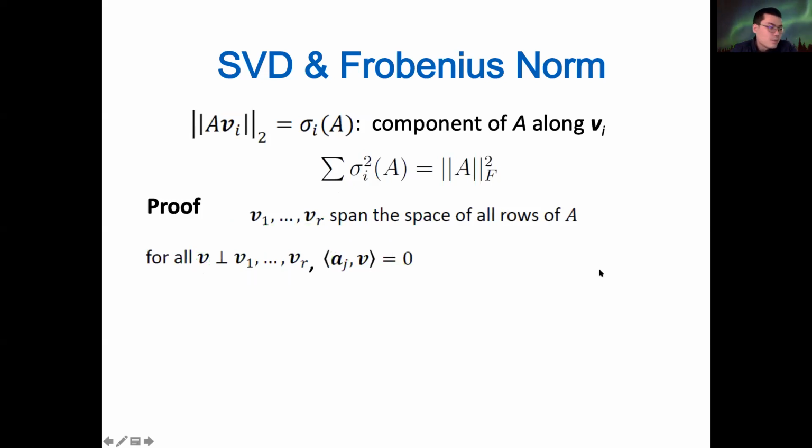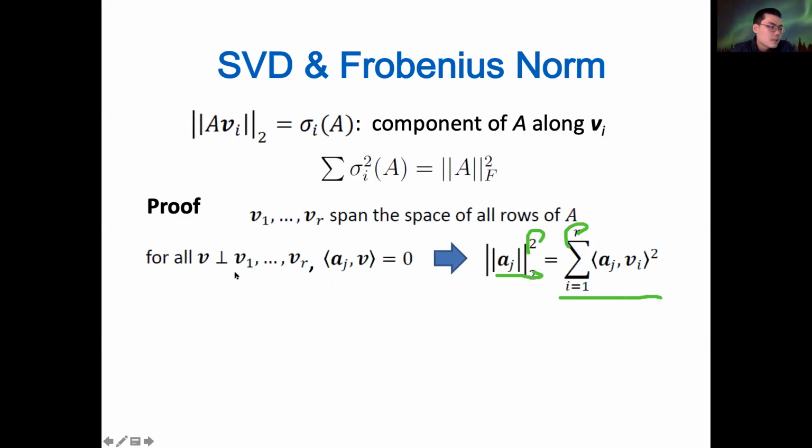So this is one conclusion we have. If you know this, then we know that if we consider the vector length squared of A_j, the jth row of matrix A, we can just compute it using the r components.